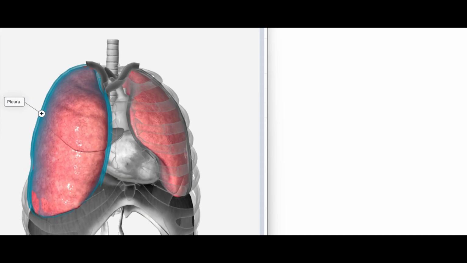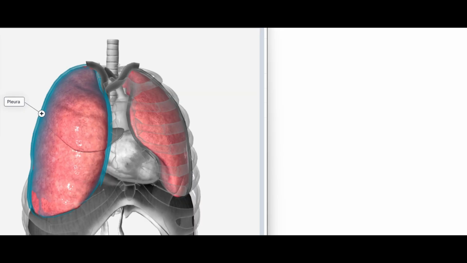Remember, the two parts to this sac are the visceral pleura and the parietal pleura. Visceral is always going to be the part of the sac that actually touches the organ surface. The parietal is the outer part of that sac. And that fluid that's inside of there is designed to keep those two parts from actually sticking together.